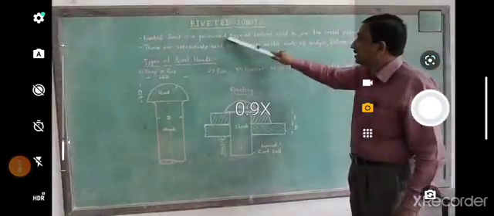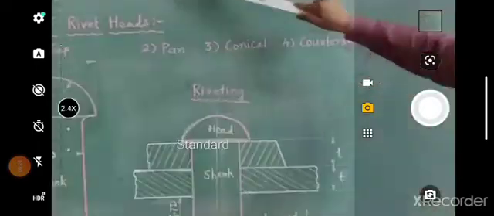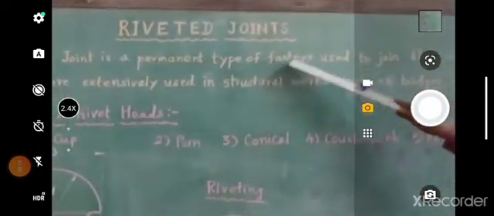So these two plates are joined permanently. That is why rivets are used for making permanent fasteners.